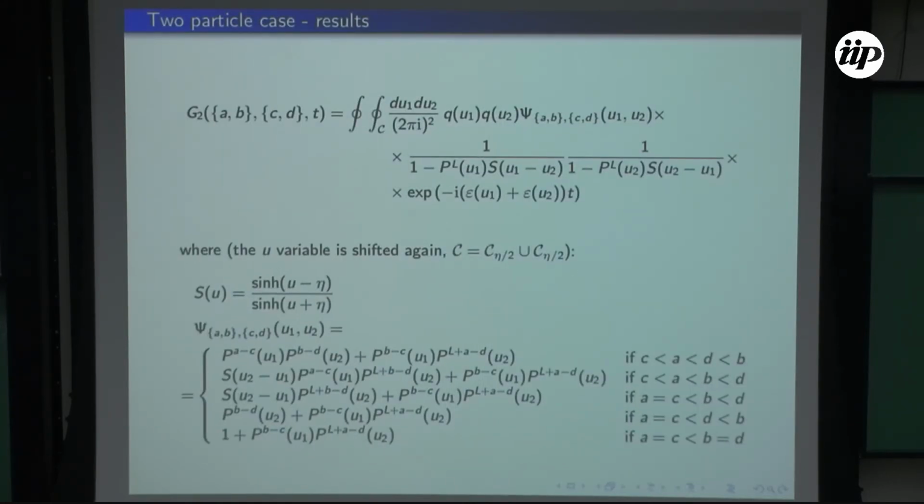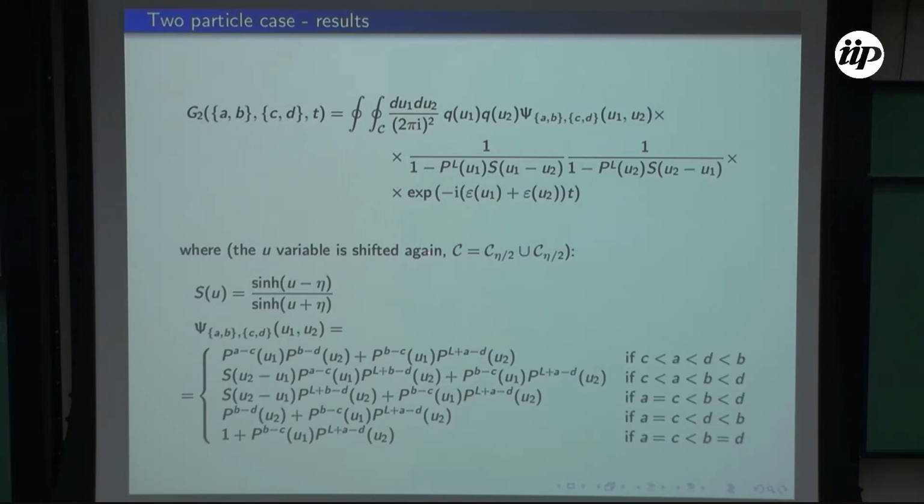And if you do so, after that taking the Trotter limit is not so difficult, then you end up with this expression, which is exactly the two particle case of the general expression.